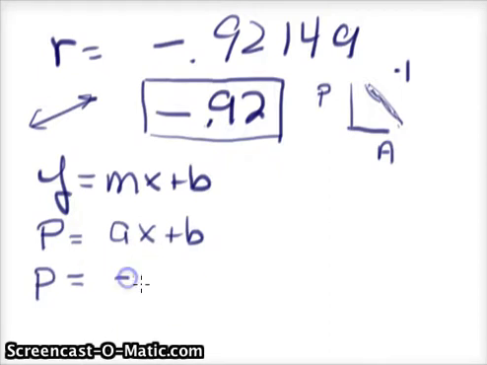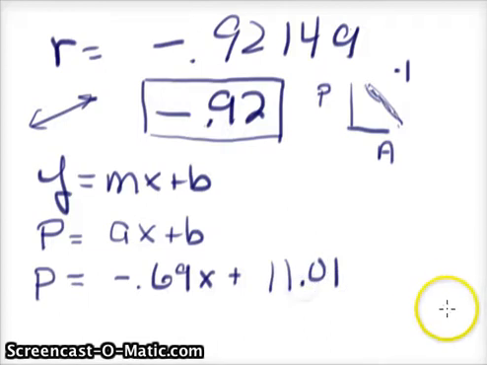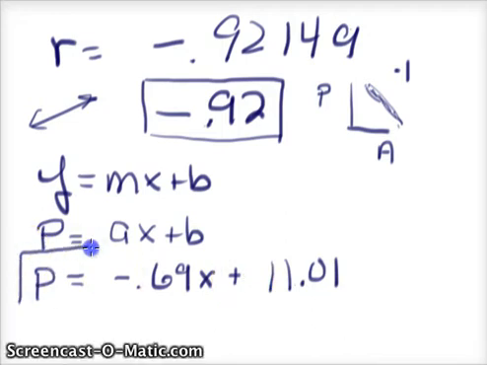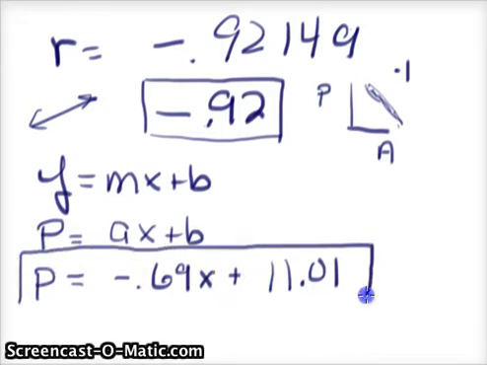We'll round to negative 0.69. Okay. And then plus b. In this case, b was 11.01. Okay, we don't want to really get too bogged down with the many decimal places here on this problem. Again, this is the equation of the line that would best fit the data.